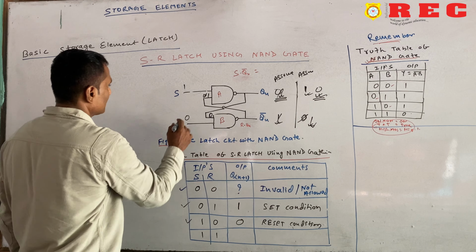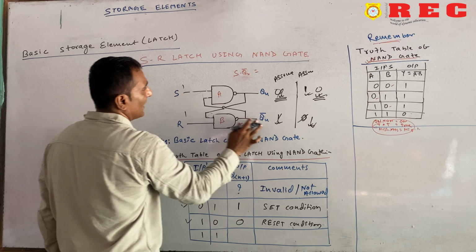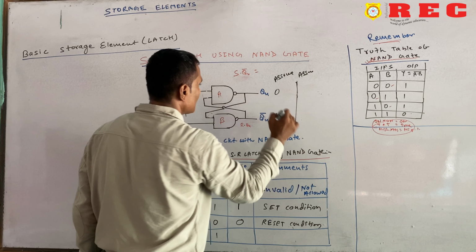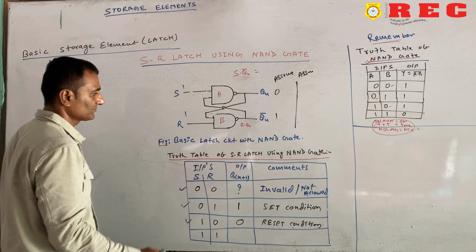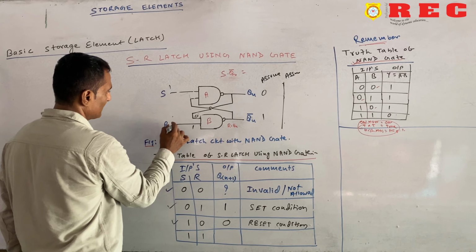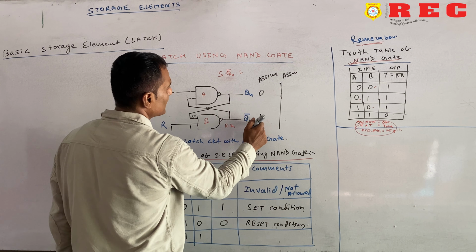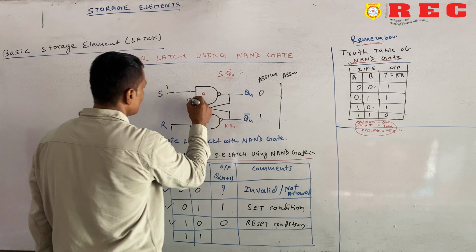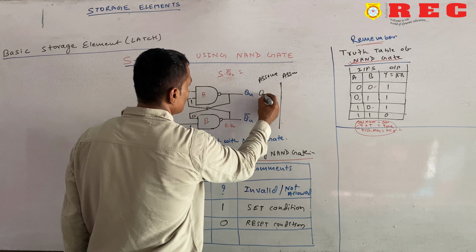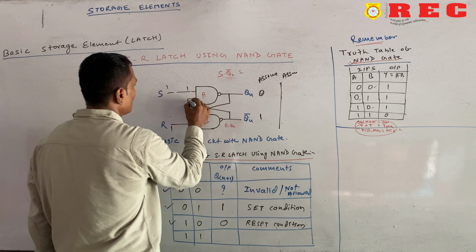Okay, now when the condition will be S is equal to 1, R is equal to 1 and we will assume here 0 and this is 1, what will happen? This 0 will come here, already the 1 is here, or the value of R is 1. So 0 into 1, any input is 0, so the output will be the 1, no problem. This 1 will come here, 1 is already there, 1 into 1 is equal to 0. This 0 will come here, 0 and 1, 1.